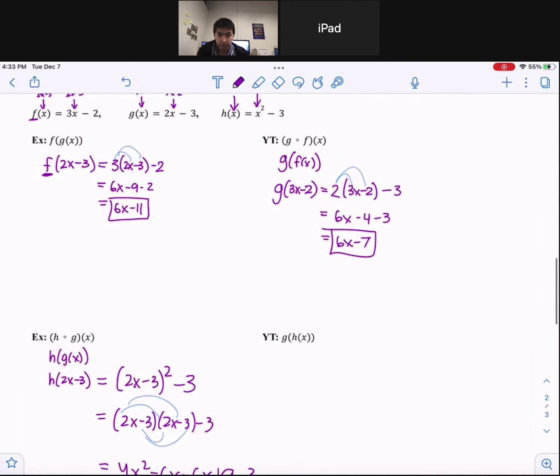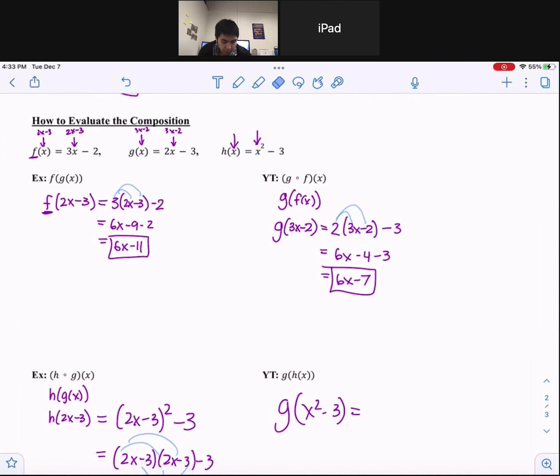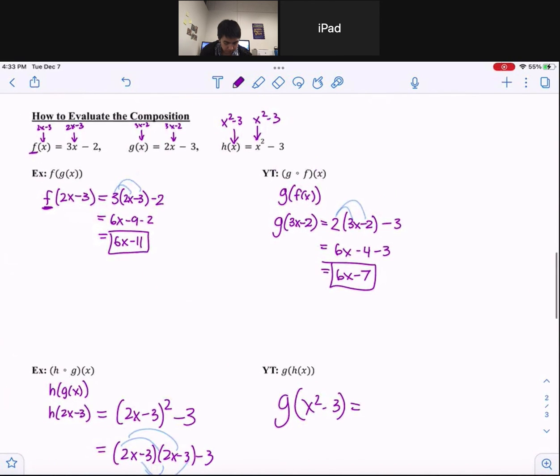Last one, g of h of x. So the h function, you guys, is x squared minus 3. Now in the g function, everywhere you see an x, it is now x squared minus 3. Oh, sorry, that wasn't the g function, that was the h function.